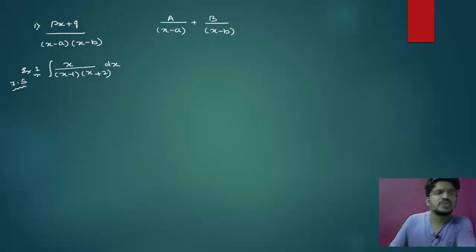Okay, so now you just see, we have to simplify this, and you can see that px plus q divided by x minus a into x minus b can be decomposed as a divided by x minus a plus b divided by x minus b. So this is called your linear non-repeated roots.